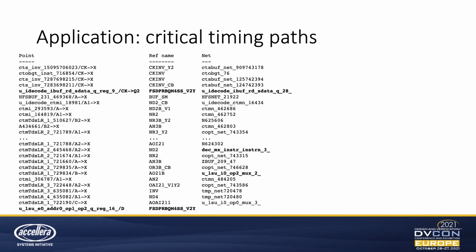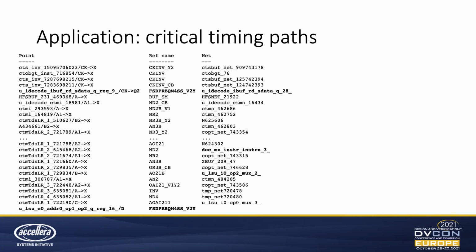To make this all a bit more concrete, the first application is looking at critical timing paths. What I've got here is a reasonably truncated timing report. It's a lot longer than this for a real timing path in one of our designs.